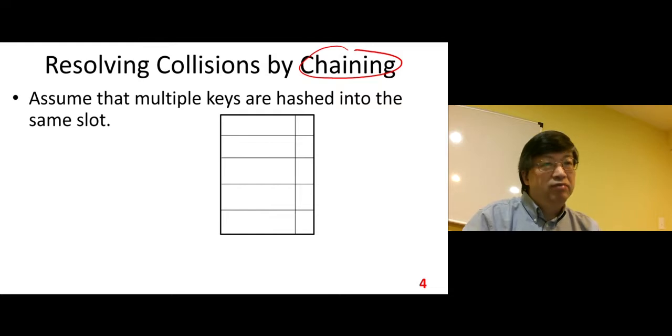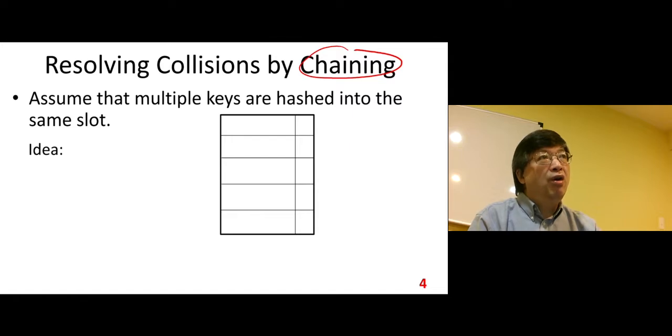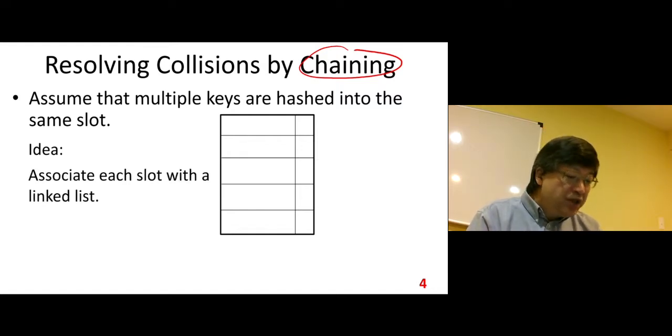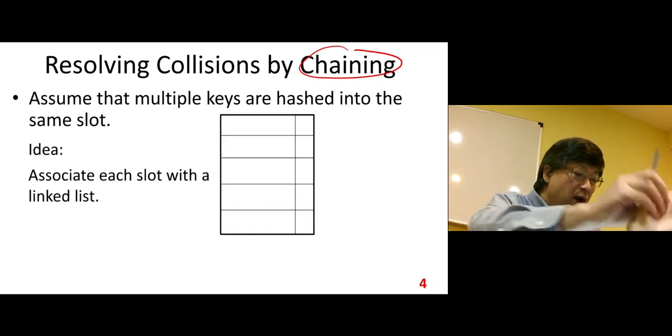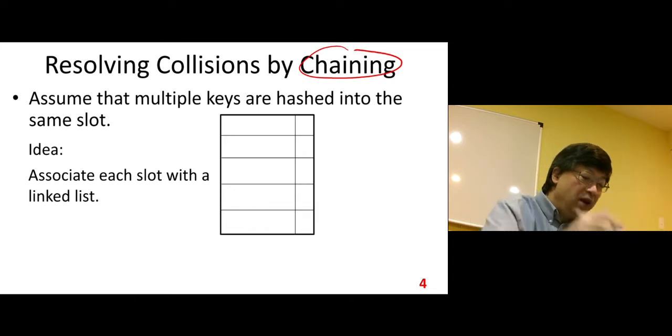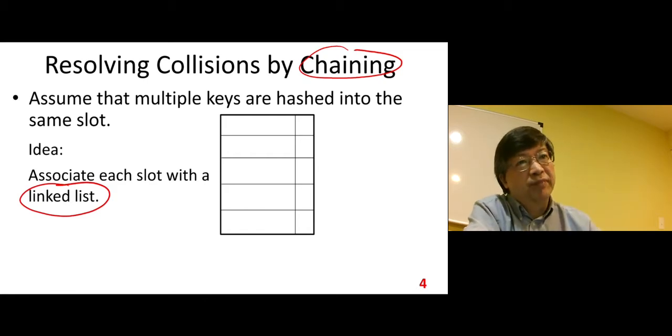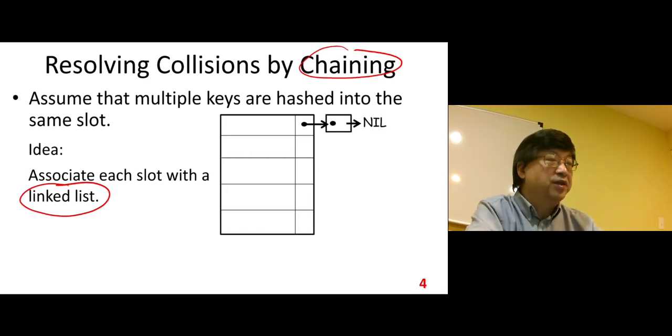For example, we have a table here. For each slot in the table, we associate a chain to store all the keys, all the items that are hashed into this slot. Associate each slot with a linked list. Here we need to use this data structure, linked list.